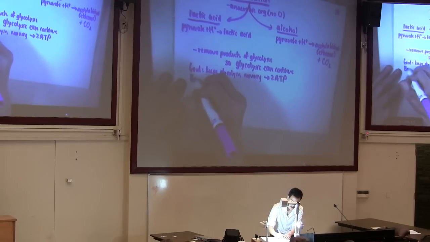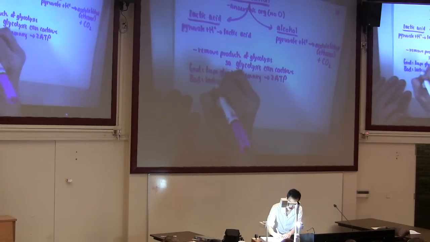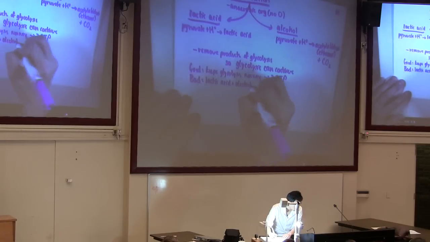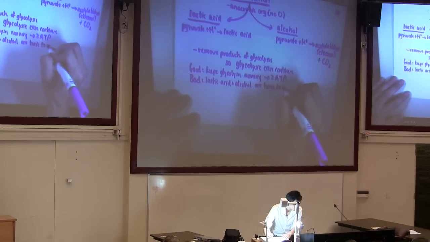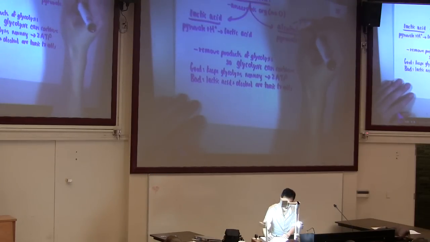What's a bad thing, or a con? Yeah, lactic acid and alcohol are toxic to cells. Okay? So can you think of anything that does alcohol fermentation? Yeast do alcohol fermentation.